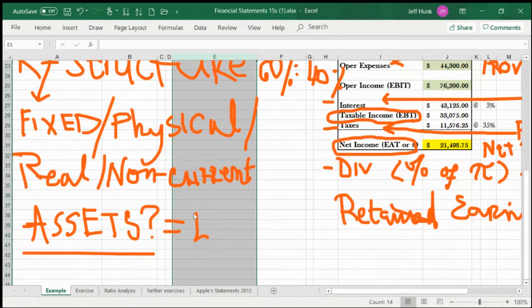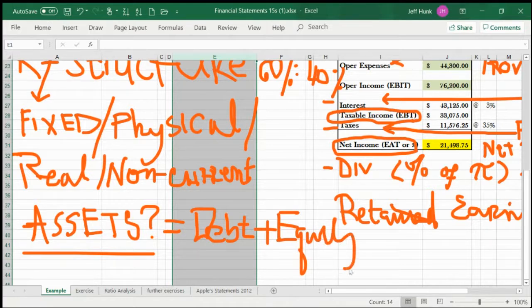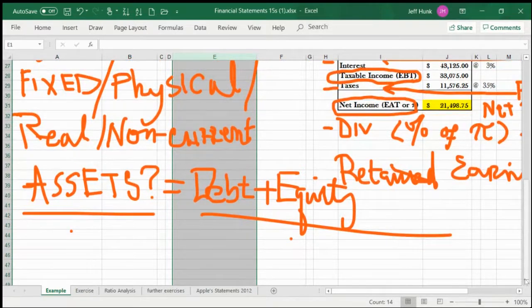Because writing liability takes time, I'll just call that total debt plus equity, right? Debt plus equity. That's also why it is called a balance sheet, meaning both sides must balance out. The equal sign must hold, right?